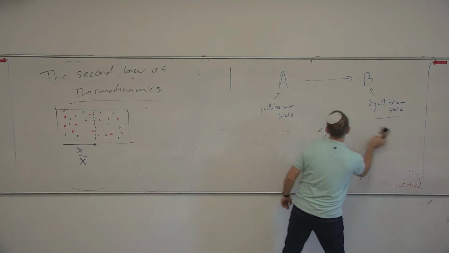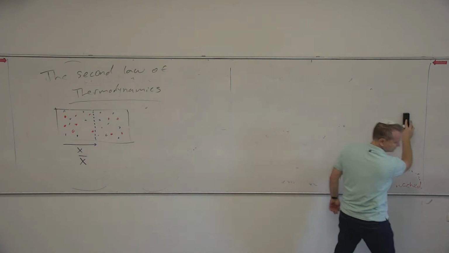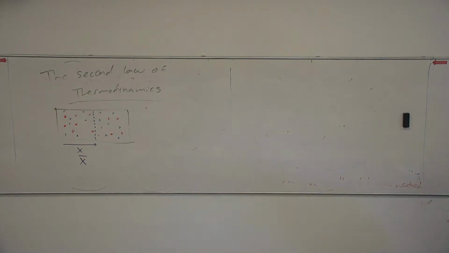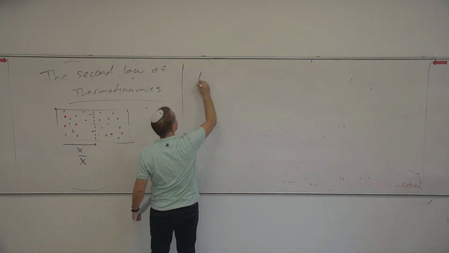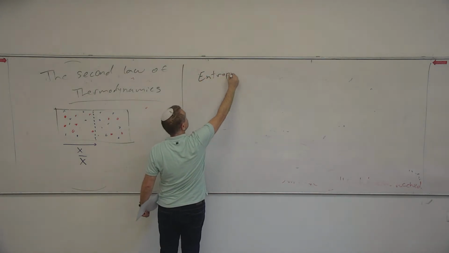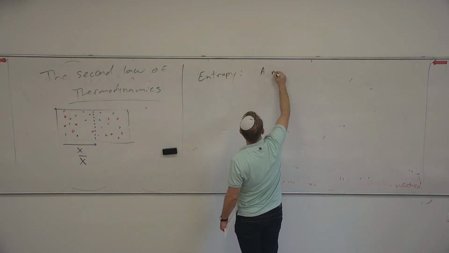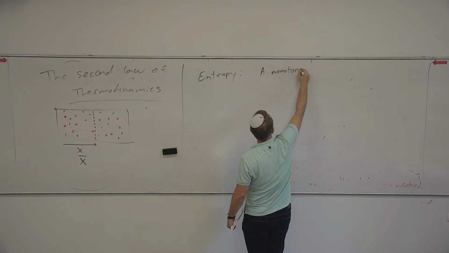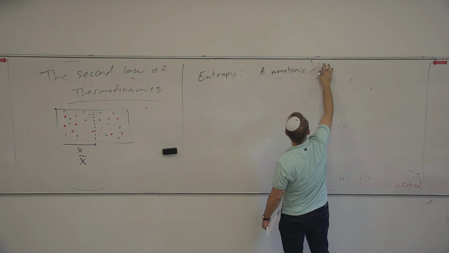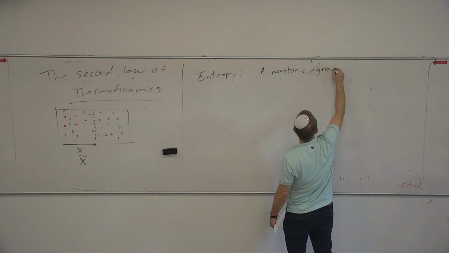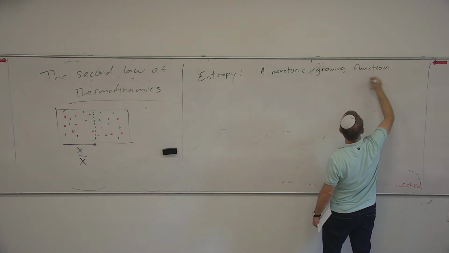First of all, we have to define something which we call entropy: a monotonically growing function of energy.